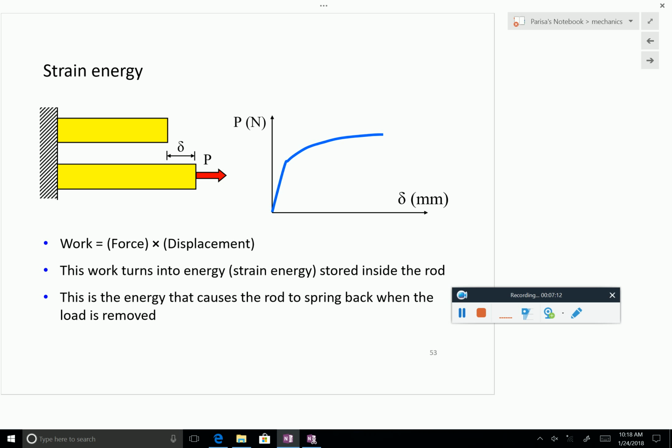So, when you do elastic or plastic deformation, this energy gets stored inside the material, and it is called the strain energy.